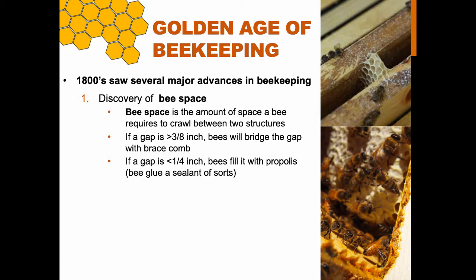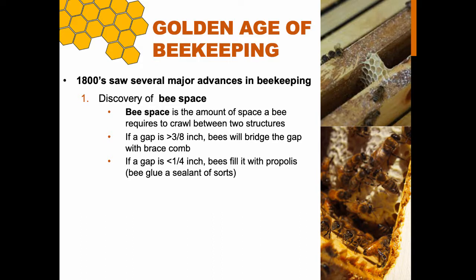Specifically, bee space is the amount of space a bee requires to crawl between 2 structures. And the idea is, if you have a gap in the hive that is larger than 3/8 of an inch, the bees are going to bridge the gap between those 2 structures with comb. And we call that bridge comb.